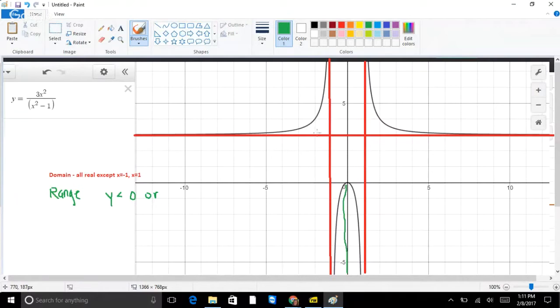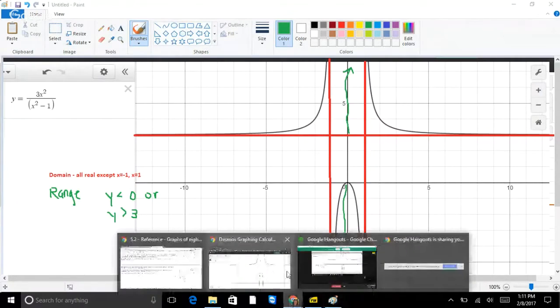Or y greater than 3. These values up here are greater than 3. Okay, so let's look at these a little bit, right? y has to be less than 0.